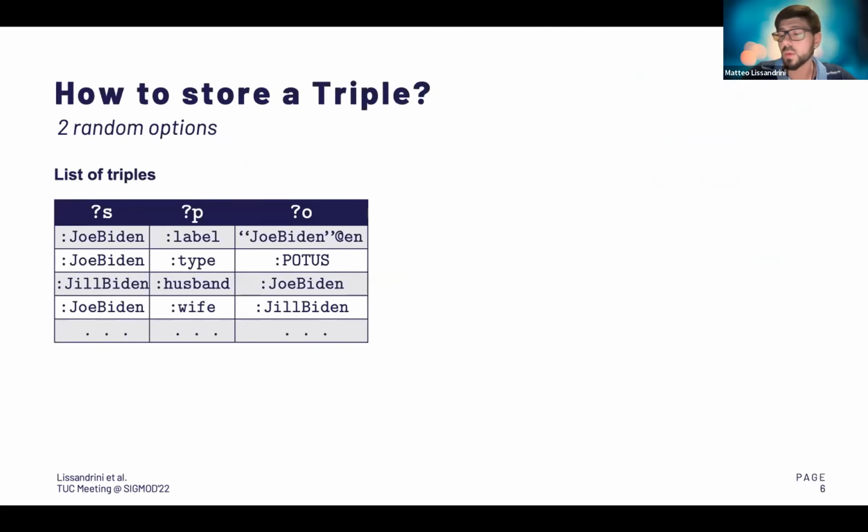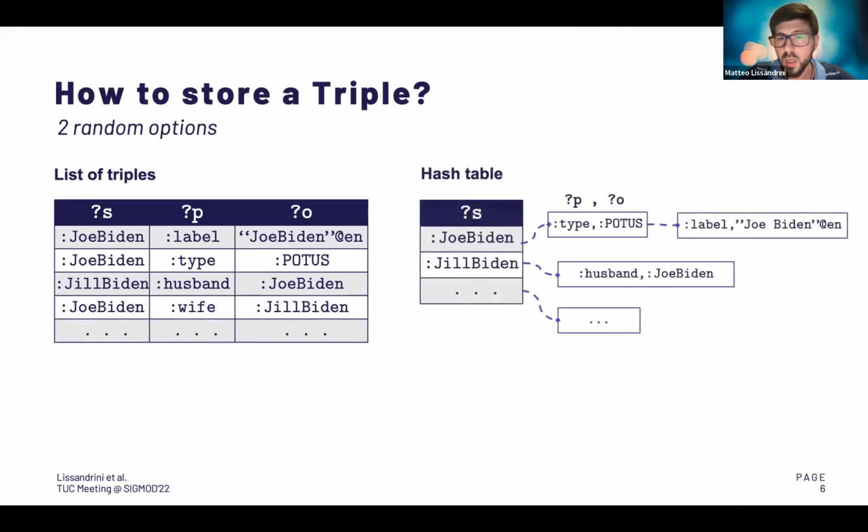Now, when we want to store a Triplestore, the most naive thing to do is just have a big table with three columns, subject, predicate, object, and store the triples there as a list. We could do something different and have a hash table, where we have a subject and then the values are a linked list of edge type and object.